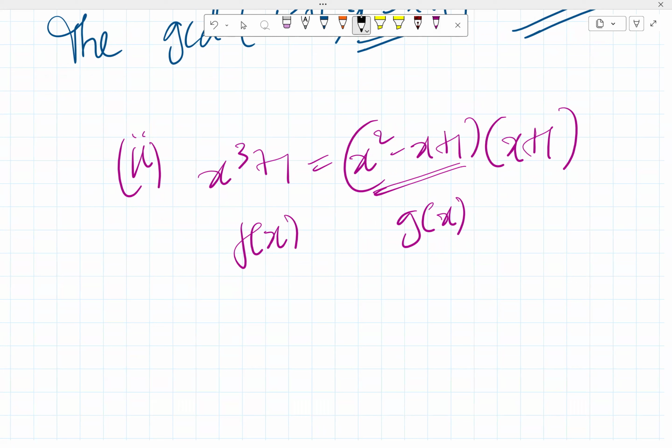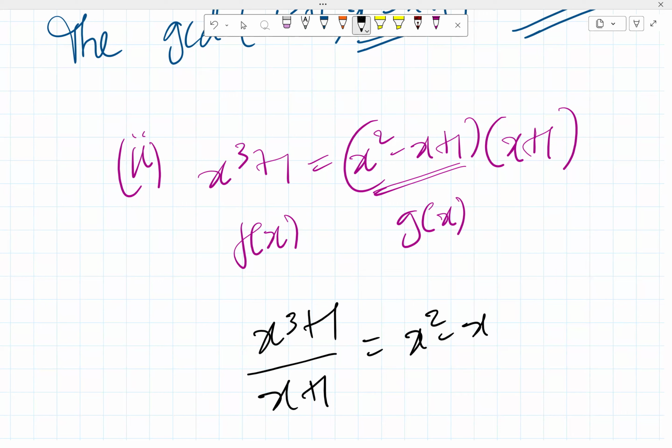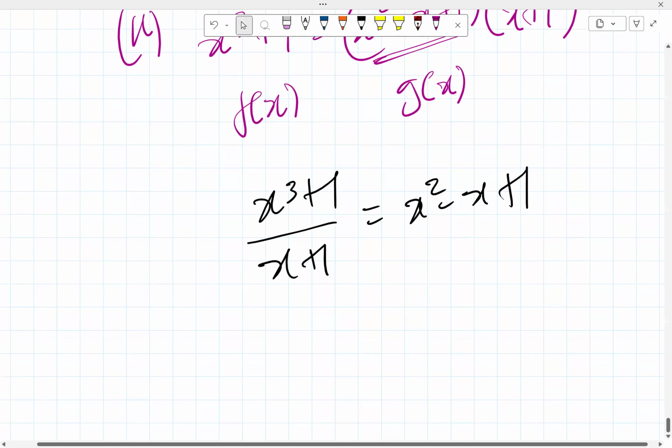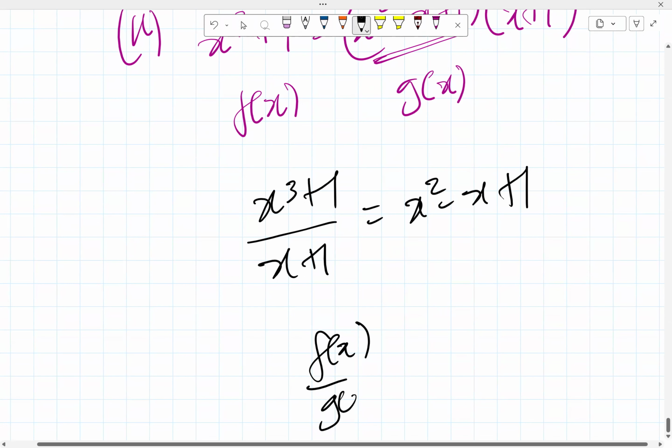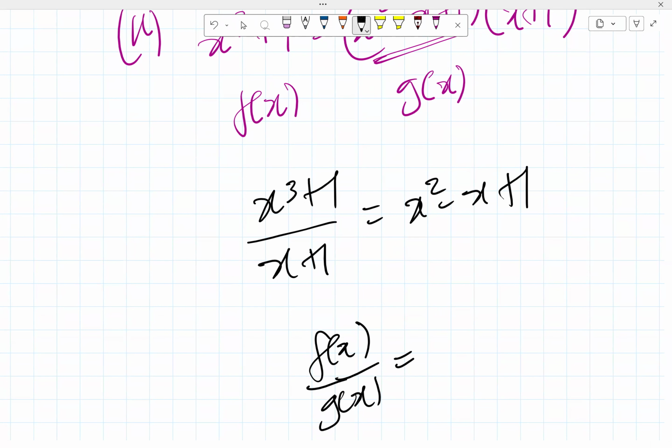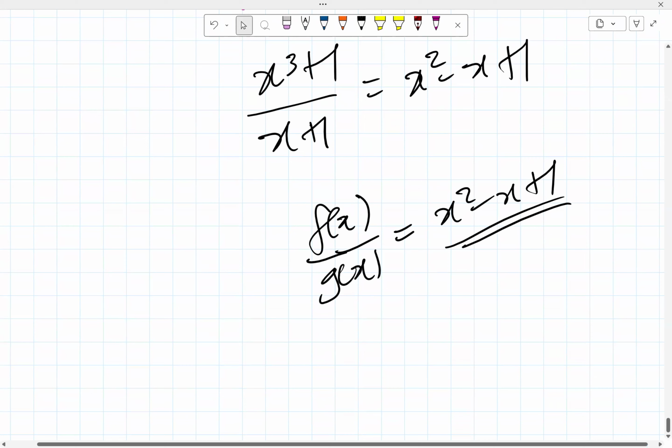One thing we know is that x cubed plus 1 all over x plus 1 is equal to x squared minus x plus 1, like we've seen already. So that means f of x all over g of x is equal to x squared minus x plus 1. So clearly they are not co-prime.